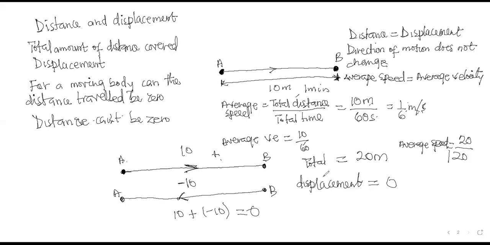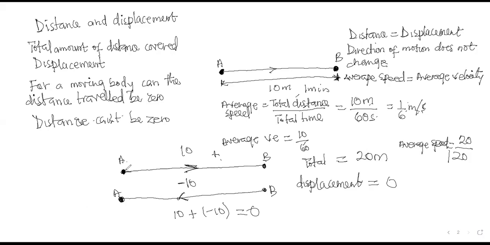Mary, what I'm saying is that Giovanni moved from A to B, covered 10, and then returned back to where he started. So if I'm to determine his total distance, it will be 10 plus 10. Here, I'm only interested in the magnitude of his movement. So total distance is 20.